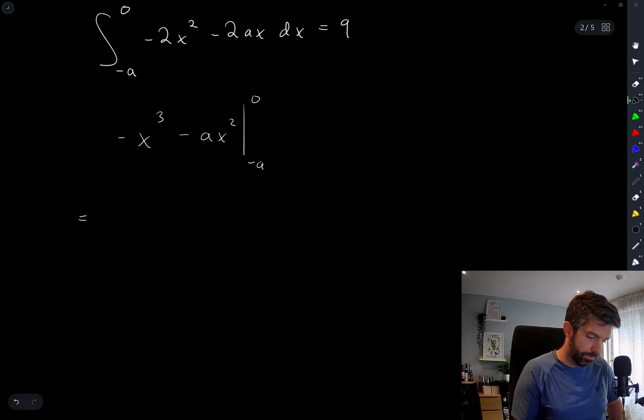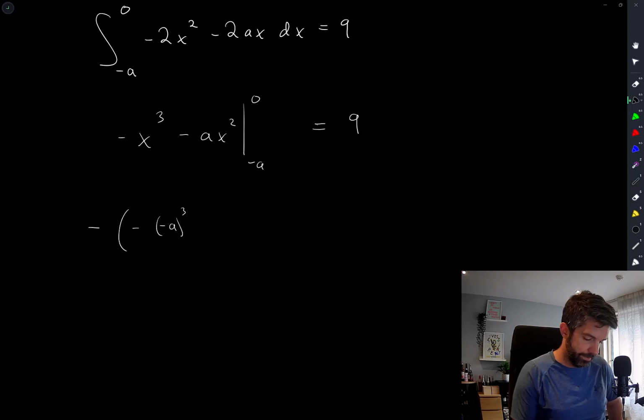So substituting 0 gives us 0, of course. And then I subtract all this evaluated at negative a. I hope I'm not mixing up negative signs here.